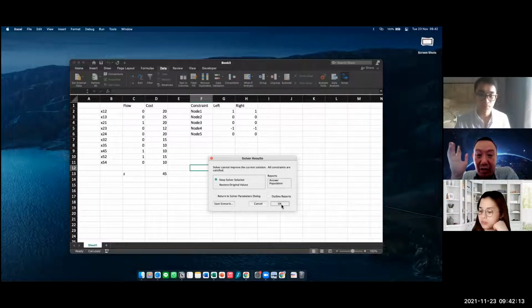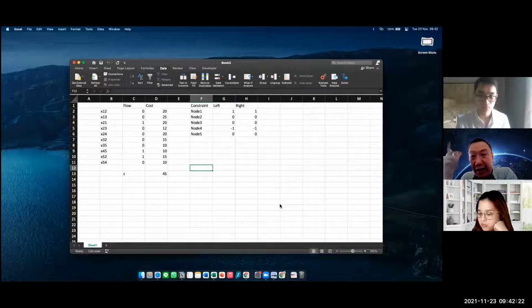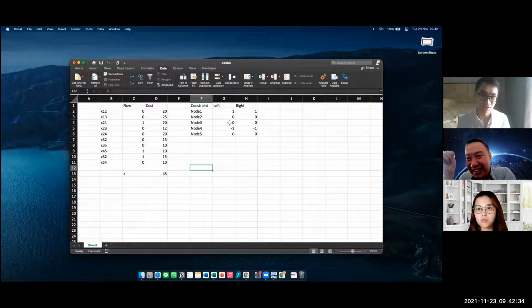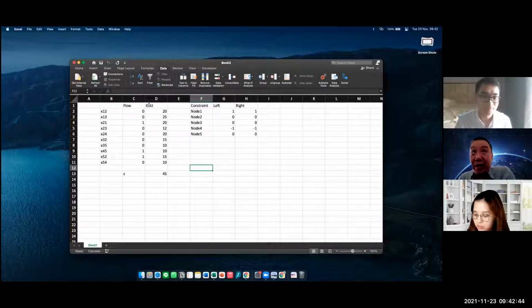So GRG does not always work, and GRG is always sensitive to the initial values. GRG means gradient method. That's why in the assignment last week we had to use evolutionary. So if you use GRG, it will not work. And evolutionary is also needed if you have discrete values.